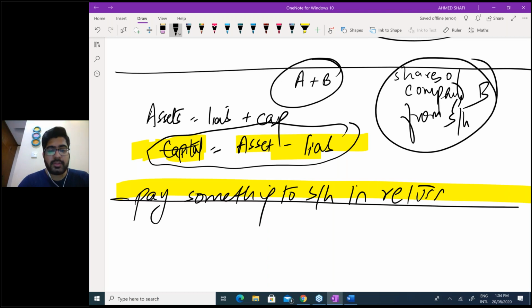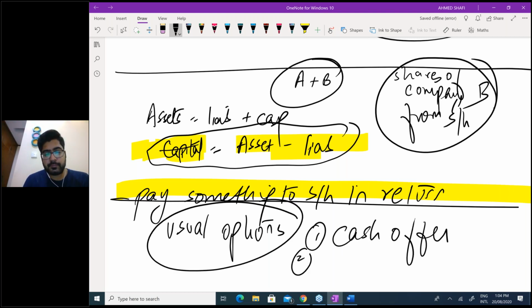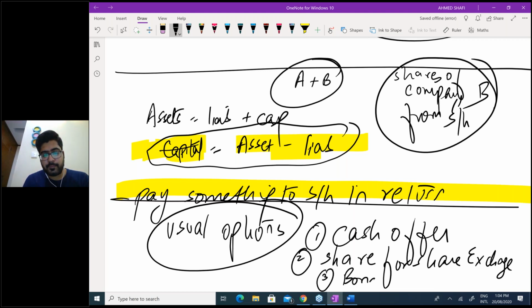What will it pay? The usual options are cash offer, share for share exchange, and bond offer.